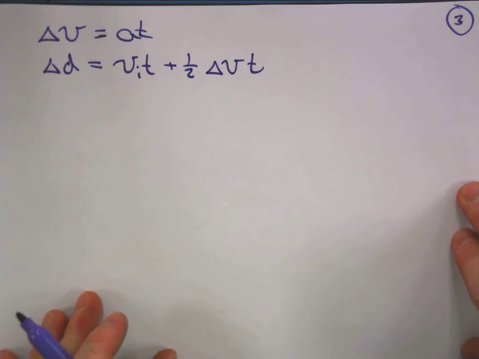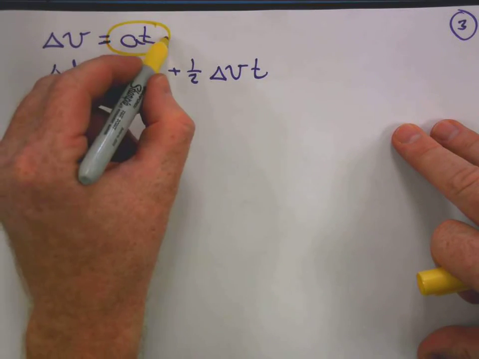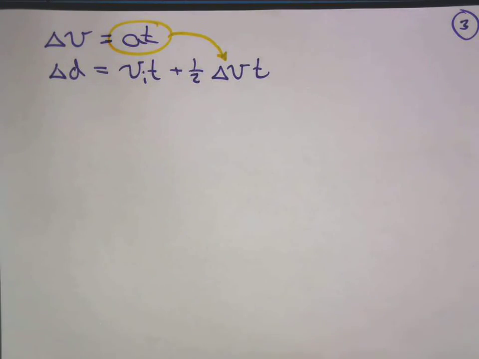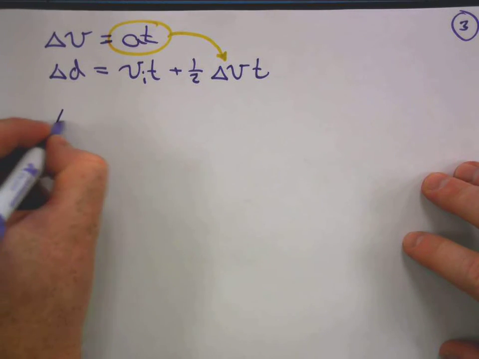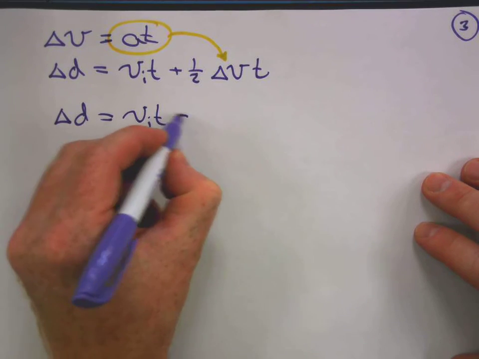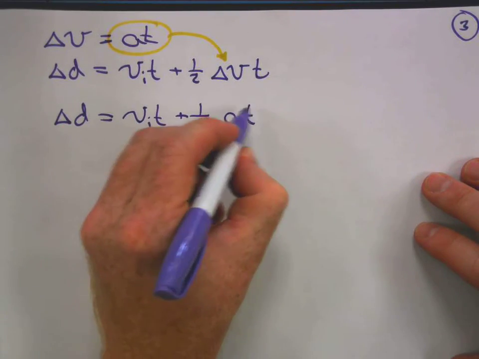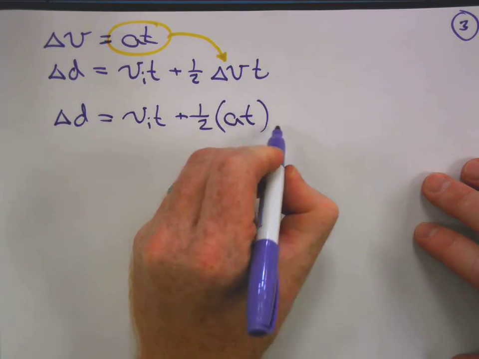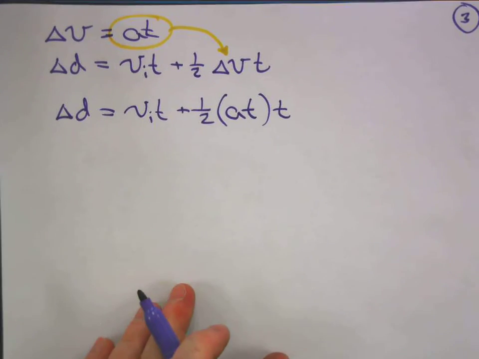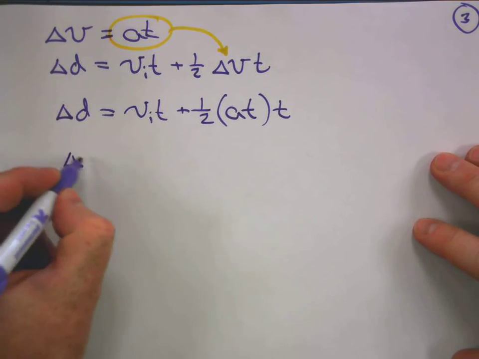Okay, well, we're going to do this cool substitution, put those guys in there in place of the delta V. And this equation becomes the displacement equals initial velocity times time plus 1/2 acceleration times time times time. Okay. And of course that's going to simplify out a little bit.